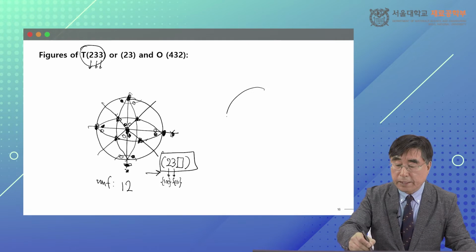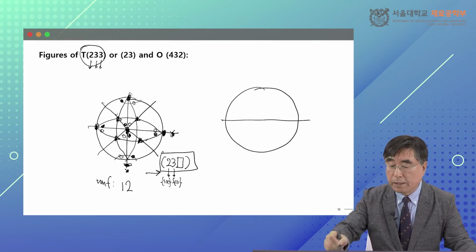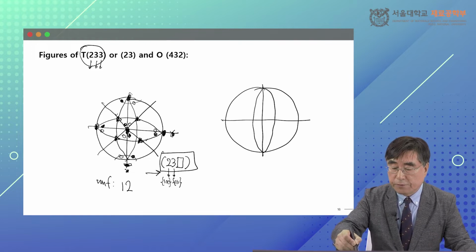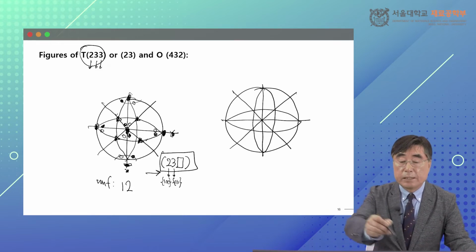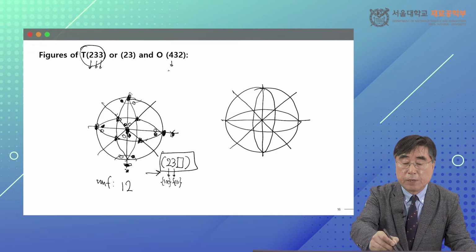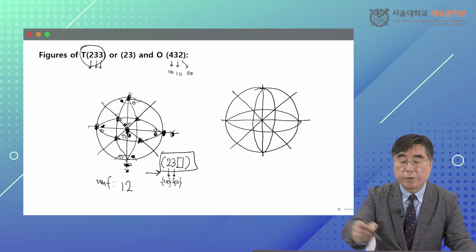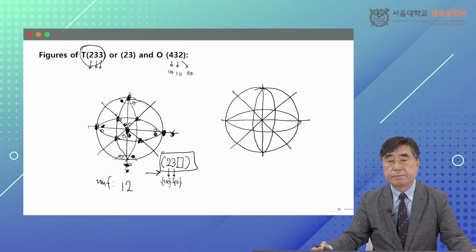432, more complicated, again belongs to the cubic. So we start from cubic elements. In this case, this 4 is the 100 axis, the next one, 3, is the 111 axis, and the next one, twofold, is the 110 axis in the cubic crystal system.